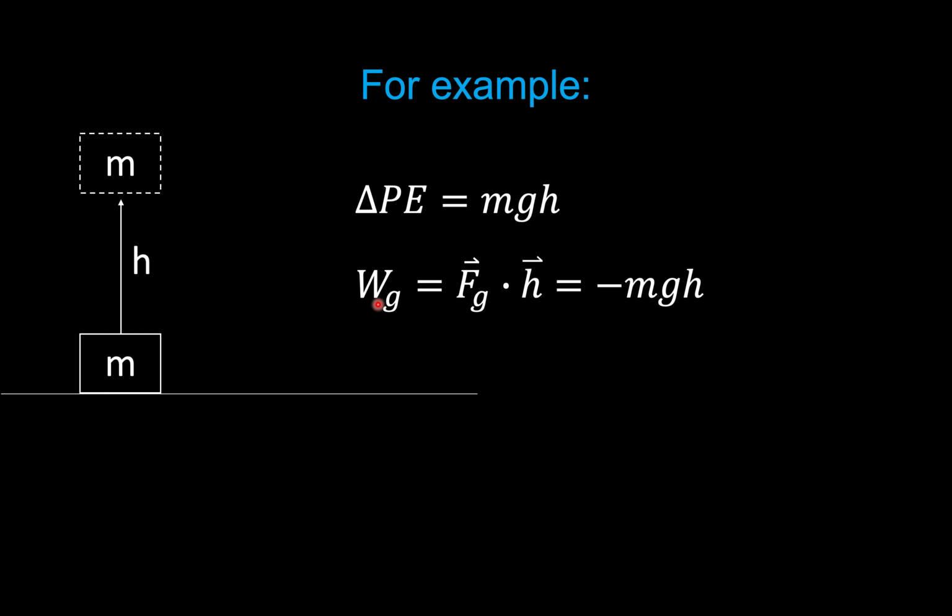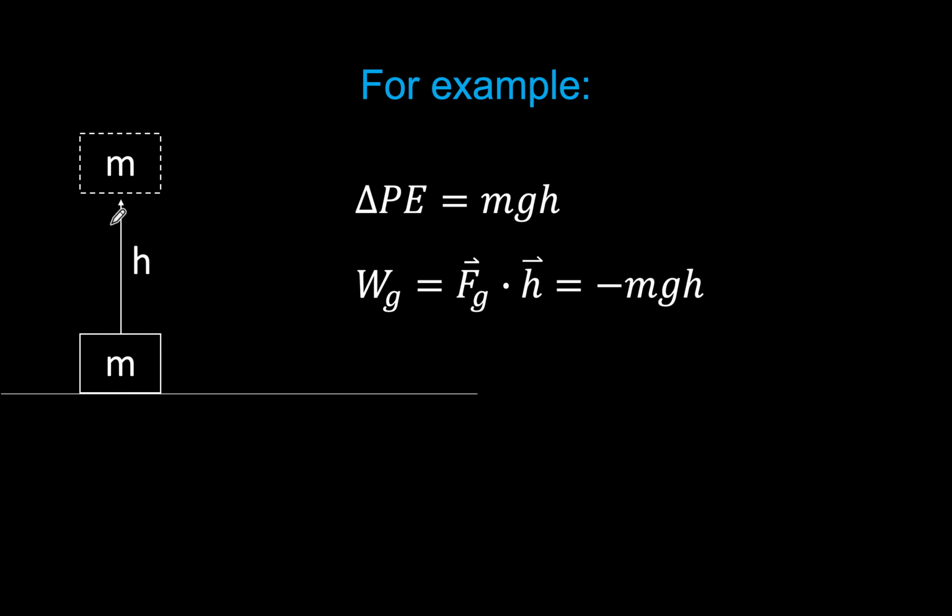Now the work done by the gravitational force, which is a conservative force, is this dot product here. I didn't write it in integral form because it's a constant force, so it would just reduce to this. And that's negative mgh. Why negative? Well, let's bring up my pen here.